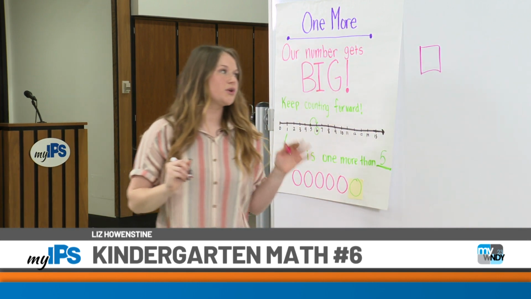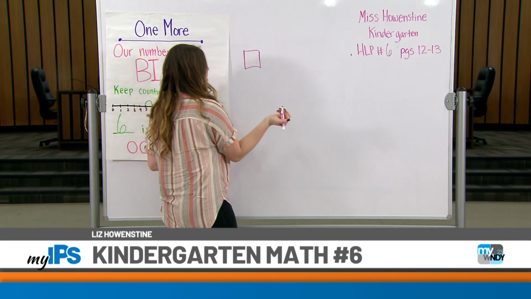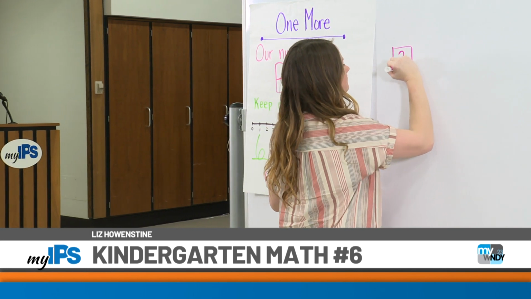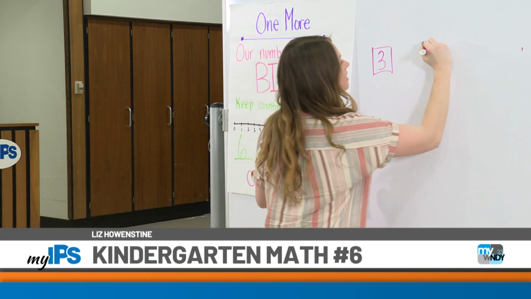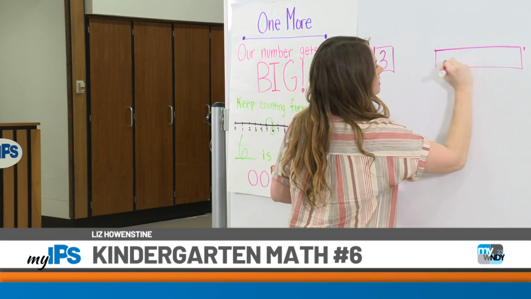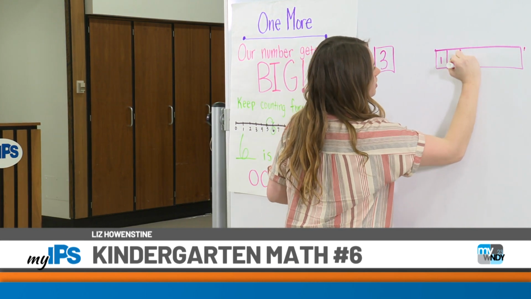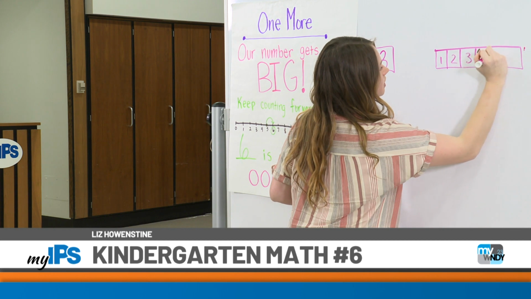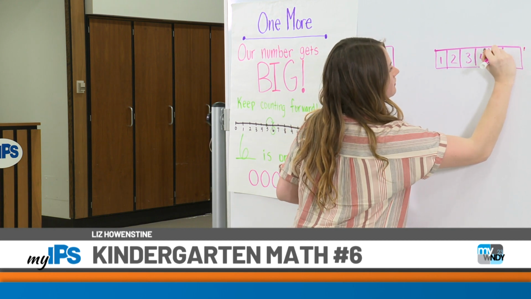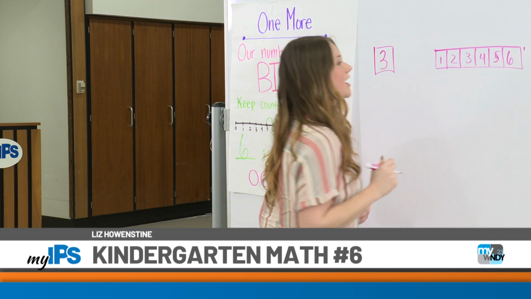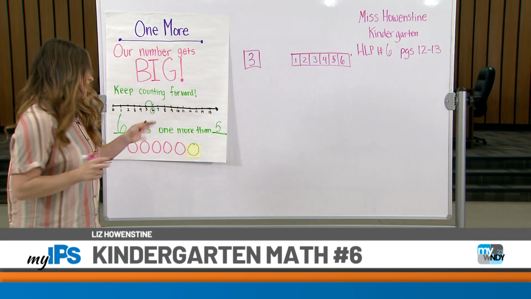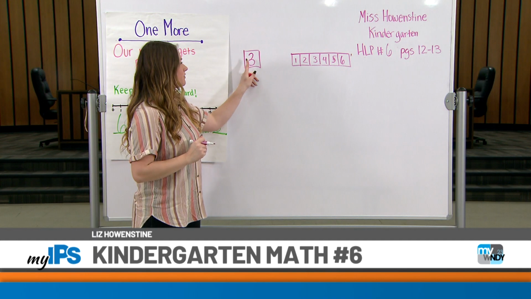So we're going to do a square that has the number 3, okay? And then you are going to see these boxes that have some numbers in them. So 1, 2, 3, 4, 5, 6. Okay, so it goes all the way to the number 10, but we're just going to go right here right now. So we have 3.